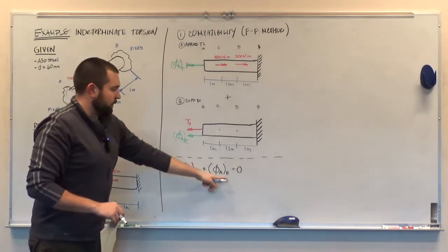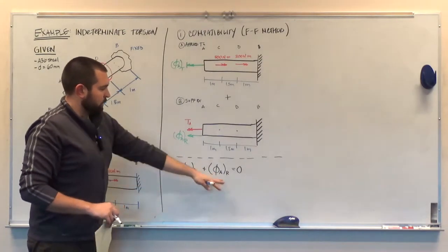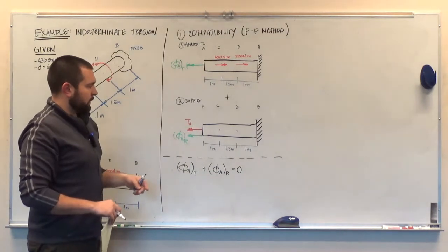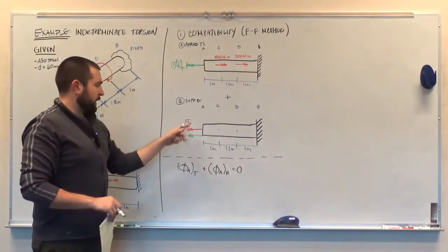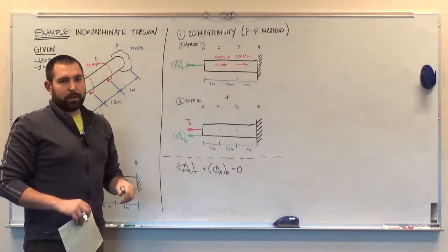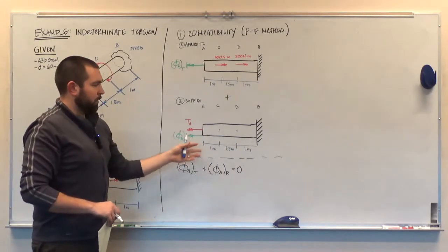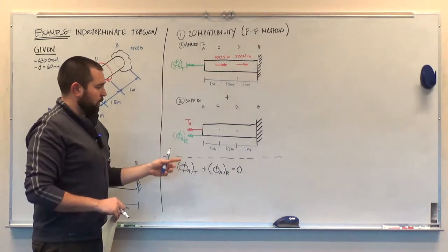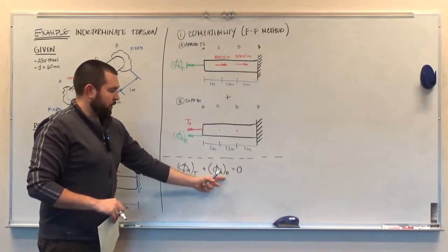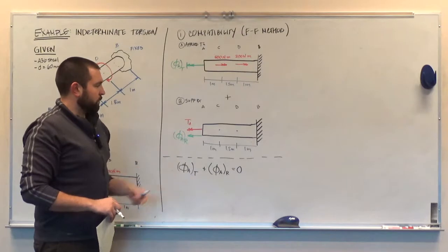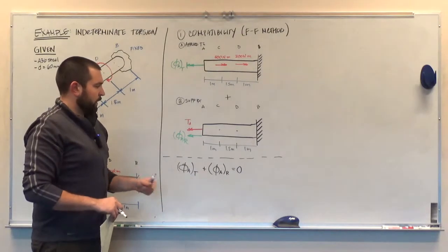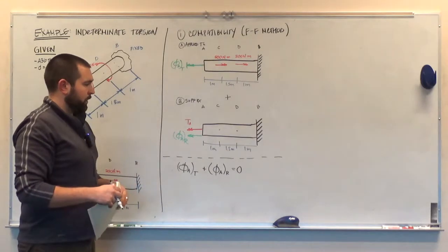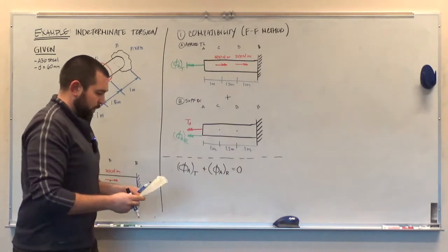Then this second term, the angle of twist due to this support torque, is going to have an unknown, which is actually just the support torque itself. So we know the length, we know the sectional properties, we know the material properties. So everything will be known in this term except for that support torque T sub A. And so we'll be able to solve for that because it's one equation and we end up with just one unknown.